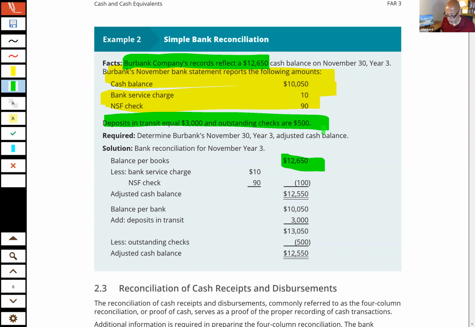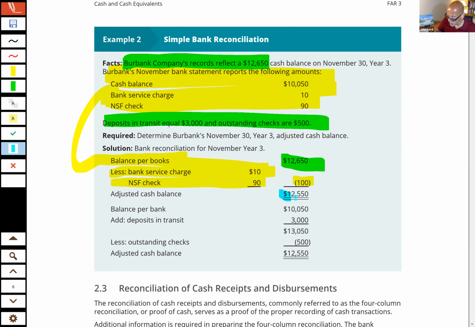So they start with the balance per books, and then they start adjusting it for these things that the bank knew about that the company did not, the NSF check and the service charge. And so the adjusted cash balance, the correct cash balance, is going to be this $12,550, right?